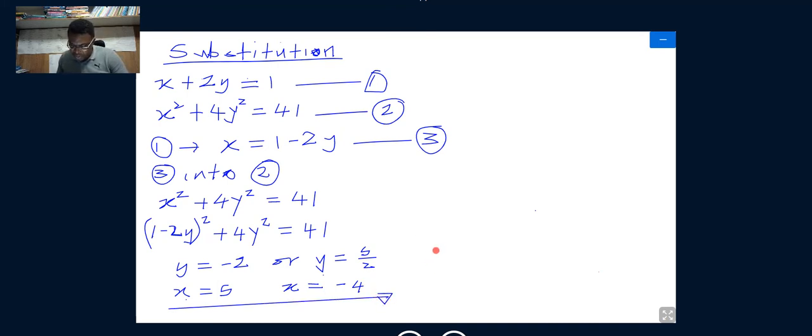Therefore, our points of intersection, there are 2 of them, are (5, -2) and the other one is (-4, 5/2).